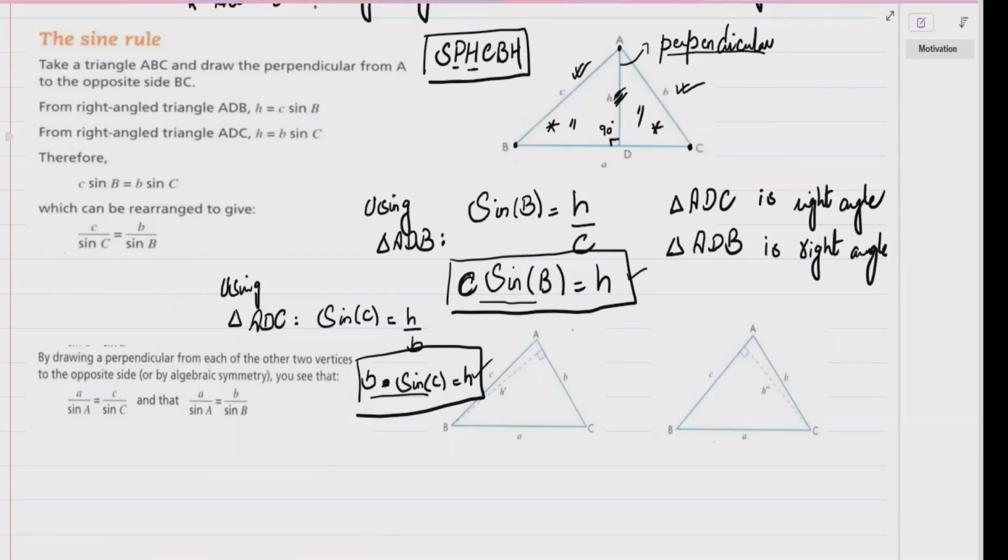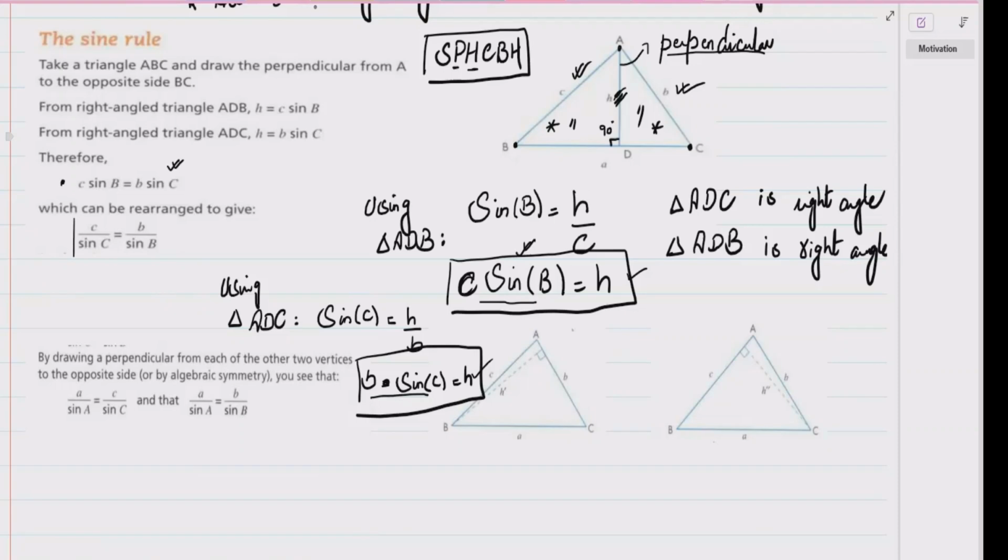So we write, therefore, c sine B, the left hand side of this, equals b sine C. Next, sine B goes below, because it's multiplying, so it comes here and divides. Sine C multiplying with b goes to the left hand side and divides.